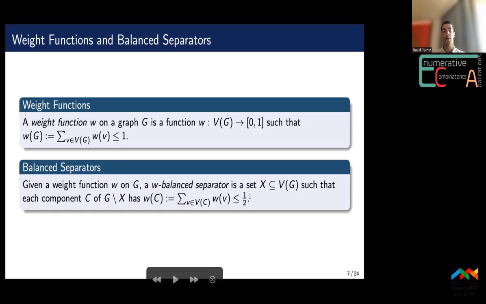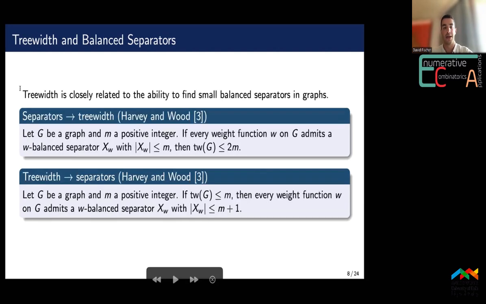And as it turns out, balance separators are very closely related to tree width in the sense that if a graph has small tree width, that means that for any weight function on that graph, we can always find a small balance separator. And conversely, if for every weight function on the graph, we can find a small balance separator, then the graph's tree width isn't too large.